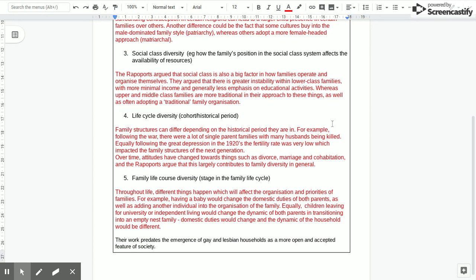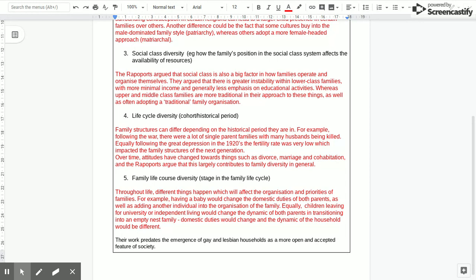So, social class diversity. I would argue that this is one of the more difficult ones, okay? But basically, they argue that within lower class families, there is greater instability, okay? Whether that be from employment or just general sort of value systems, they argue that it's less stable than upper and middle class families, okay, where they might employ a more traditional approach.